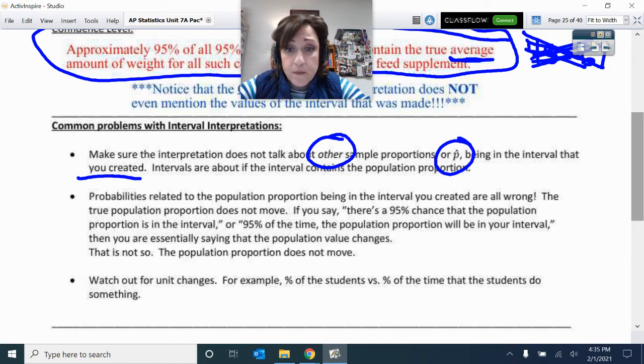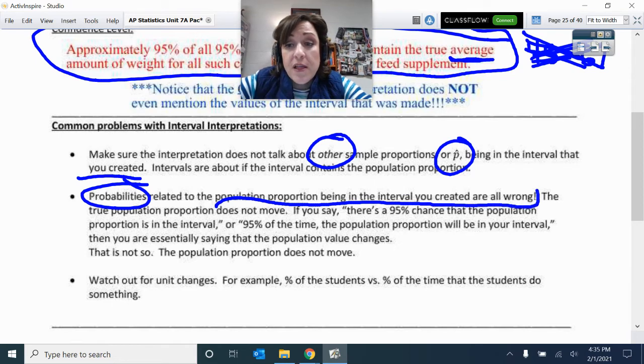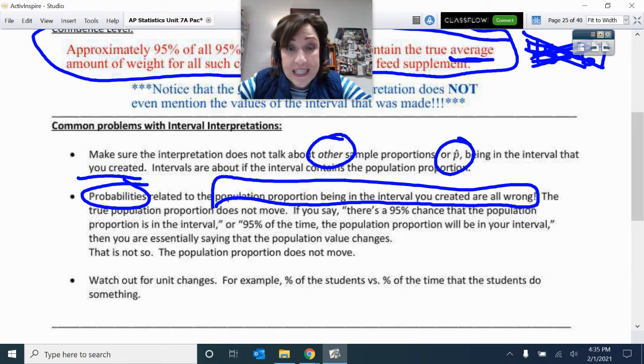No. Okay, now, here's the other thing. Probabilities. If they talk about percent chance or they say probability, watch out. So here, watch this. If they relate it to the population proportion being in the interval, they are wrong. If the wording says it's a probability or a chance that the population amount is in the interval, that's wrong because the population amount doesn't move.